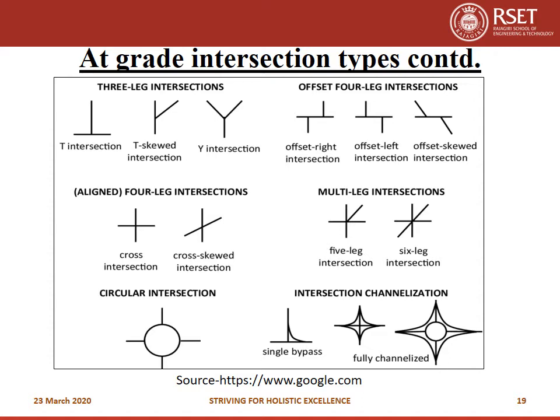There is also a circular intersection. Then opposite four-leg intersections: if all the roads are not meeting together, and one road is a distance apart, then it is known as opposite right intersection. If it is not meeting at 90 degree, then it is known as opposite skewed intersection. You can see 5-leg and 6-leg intersections also here.